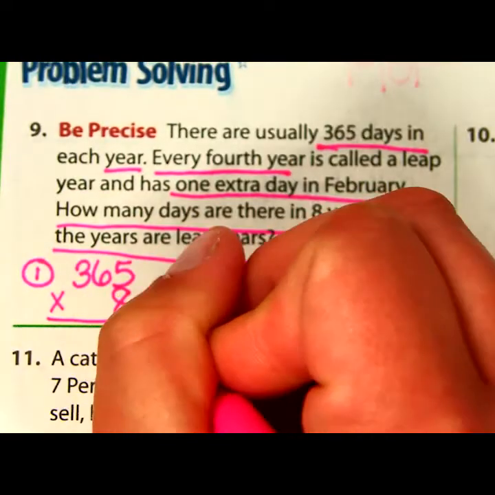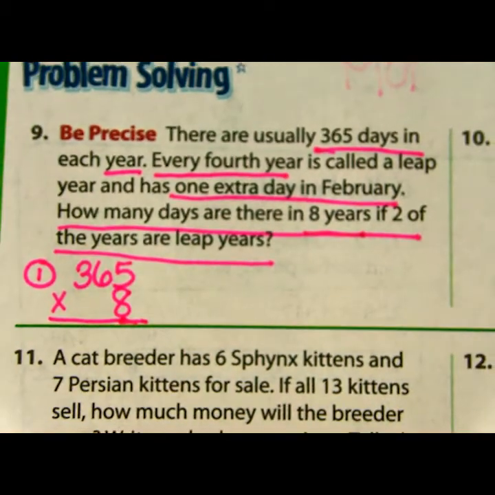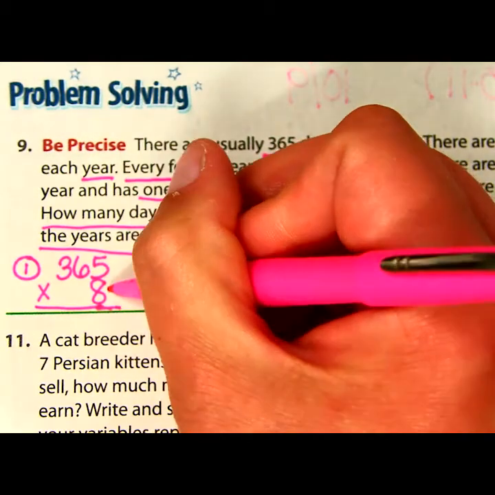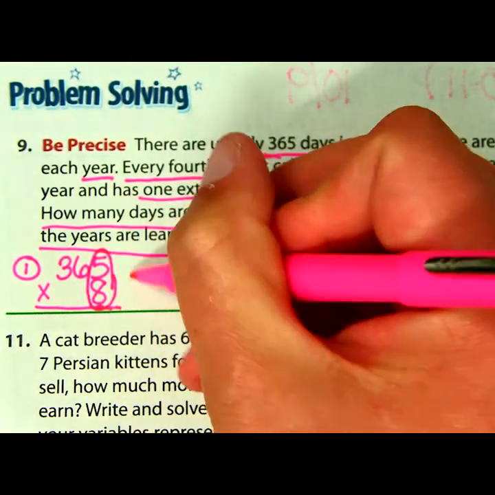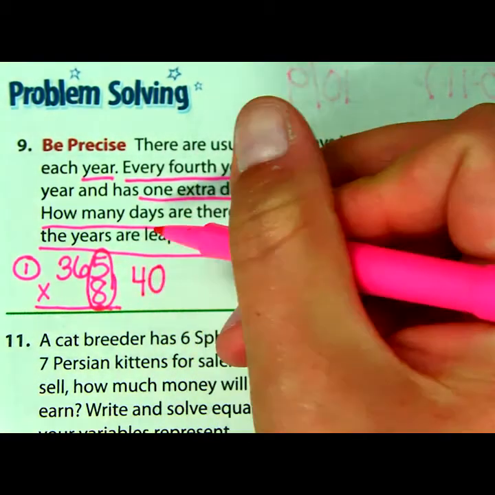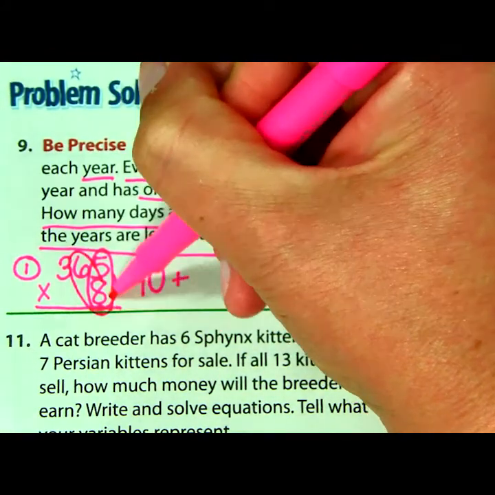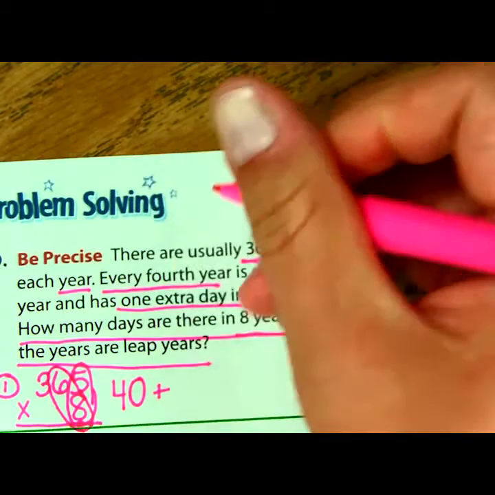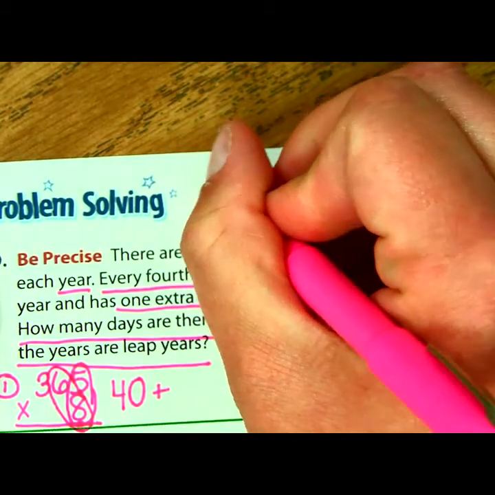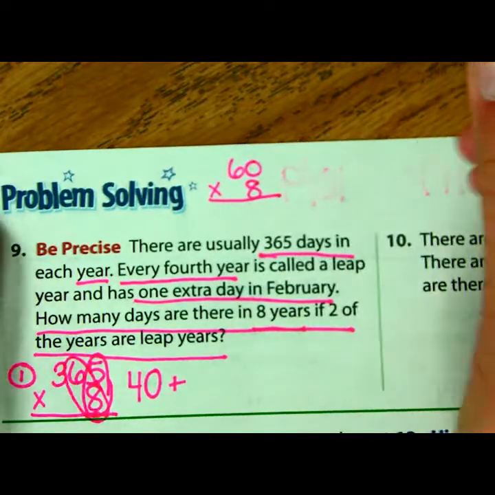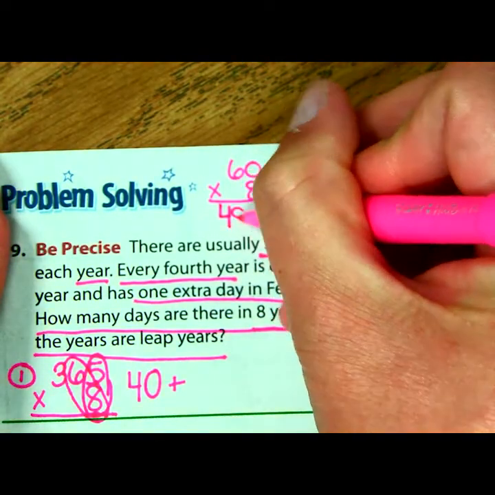And that's where the fun begins, because we've got to now use partial products. 8 times 5 is 40, plus, this is actually 8 times 60. So I'm going to go up here, 60 times 8. Well, we know that 6 times 8 is 48. Bring down your 0.